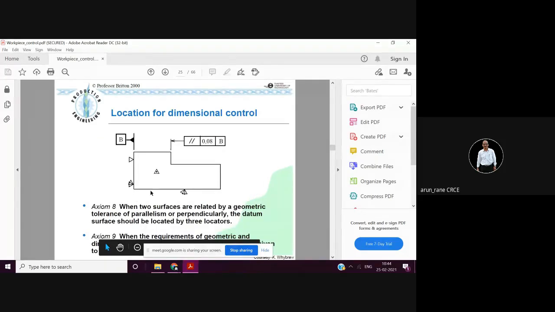Now just have a look at this and try to understand this symbol. What is the meaning of this symbol? I'll give 1 minute only.